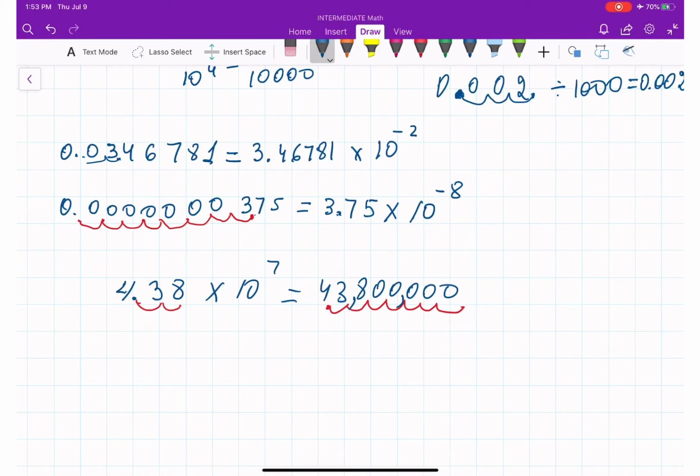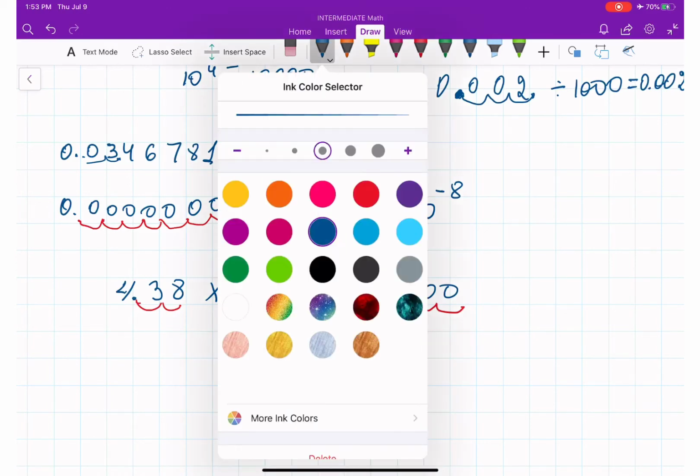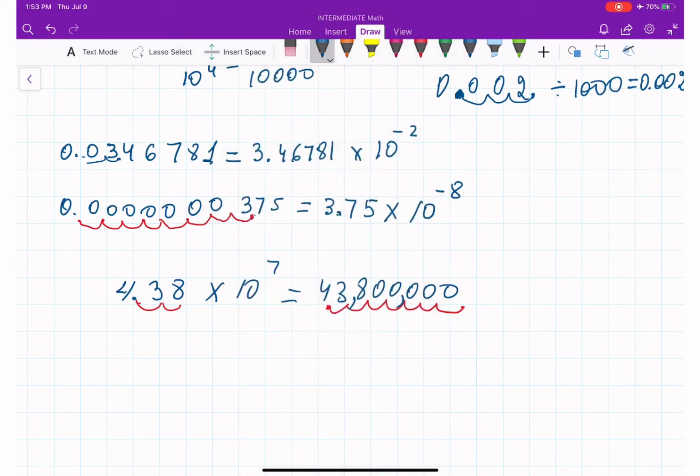Another one. Let's say 6.501 times 10 to power 9. Okay, 6 and then 501, 1, 2, 3.